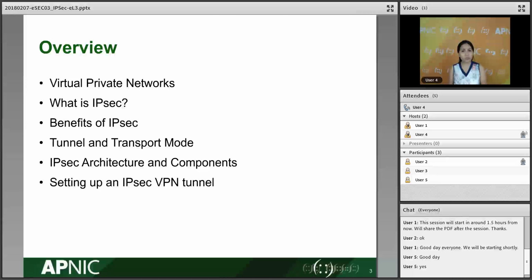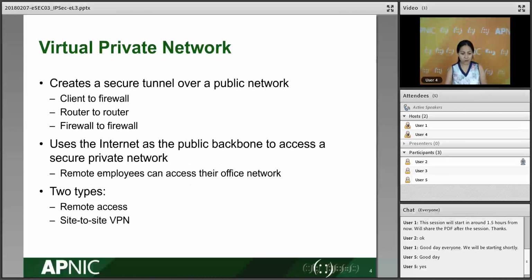What are the different components of IPsec that complete its entire architecture? And lastly, some examples on how you can set up IPsec VPN tunnels. I have an example for Cisco. The commands are all in the slides that you can quickly follow if this is something that you are going to do.